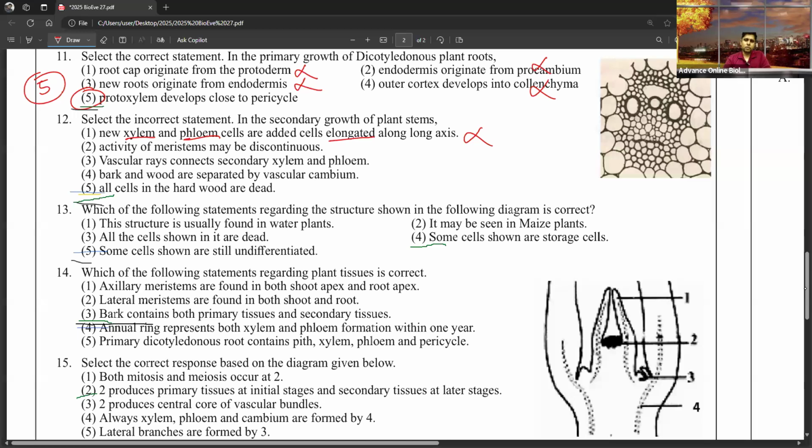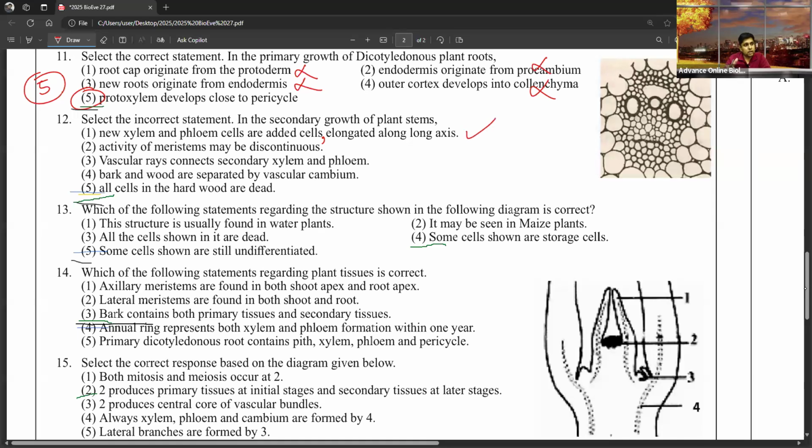Okay, I'll put the comma here. Added cells are elongated along the long axis, correct.